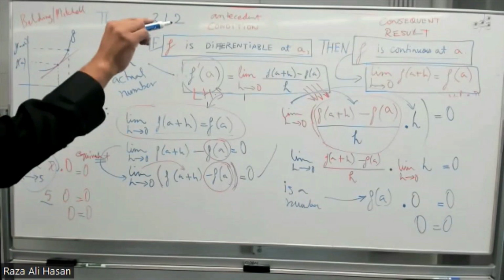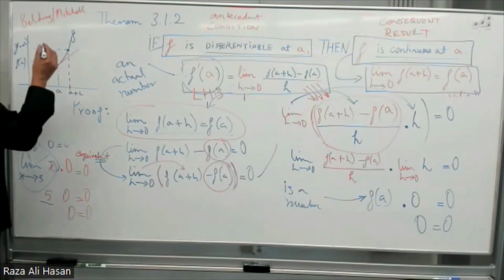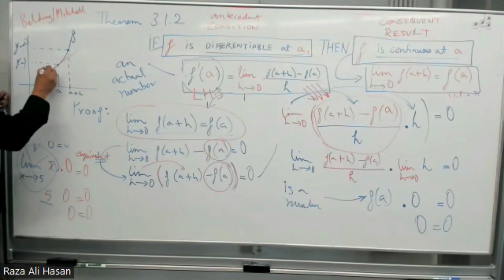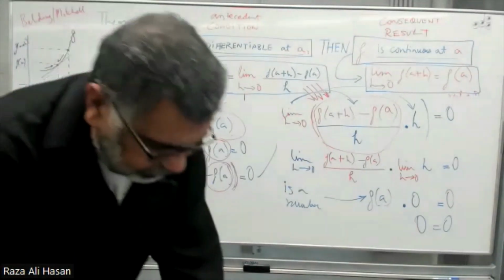So the graph is continuous. That's one way to think about it. This is the best I can do with the picture. Continuity is already there also because the value of the function and the limit of the function are the same here as this goes towards A.